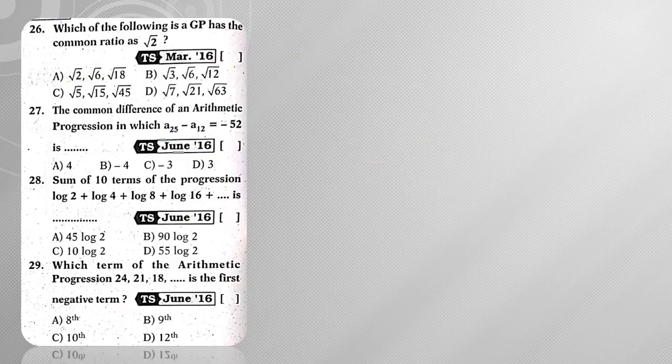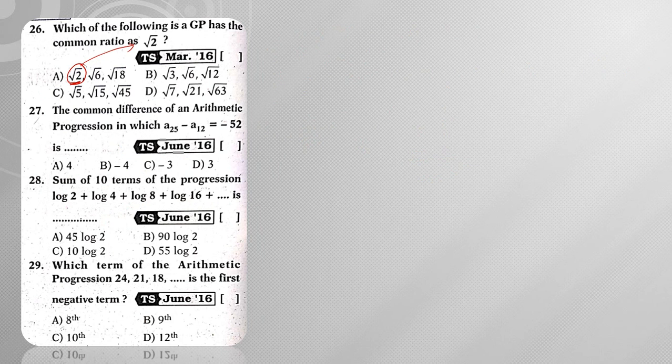Next, moving on to question number 26. Which of the following is a GP having common ratio as root 2? Going with the options, if I take the first term and multiply with root 2, root 2 into root 2 should be given as the next term.